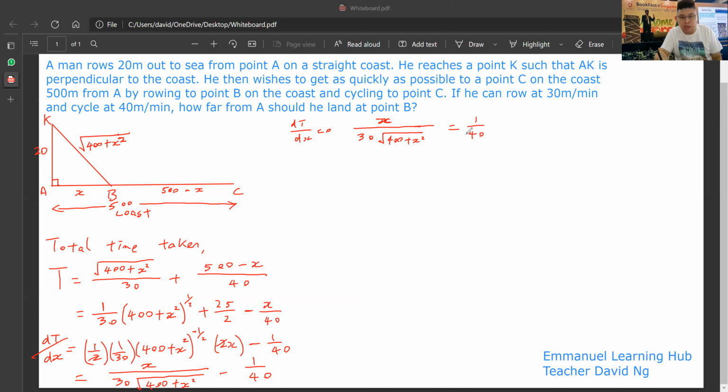I bring it over to the other side, equal 0. So 40x equal to, cross multiply, then I divide by 30.